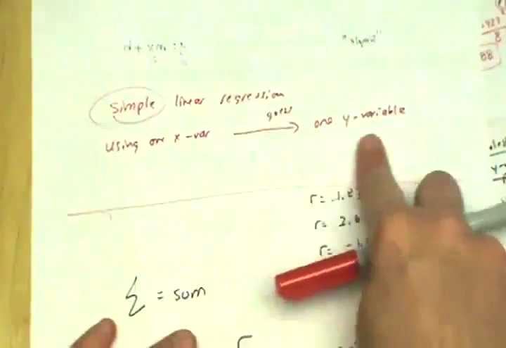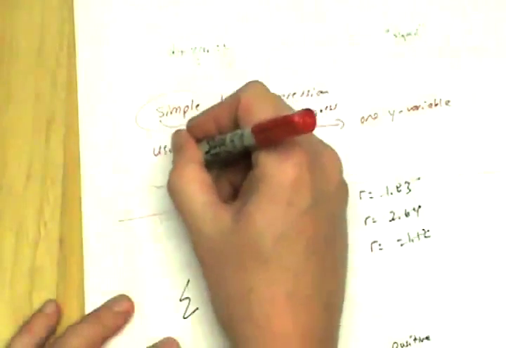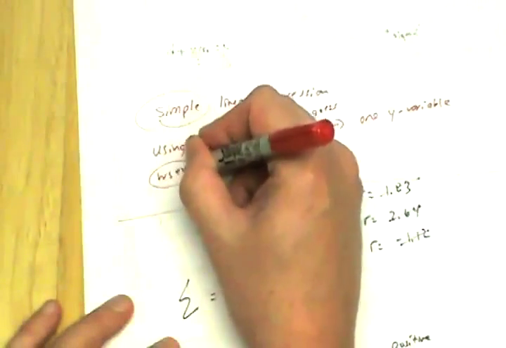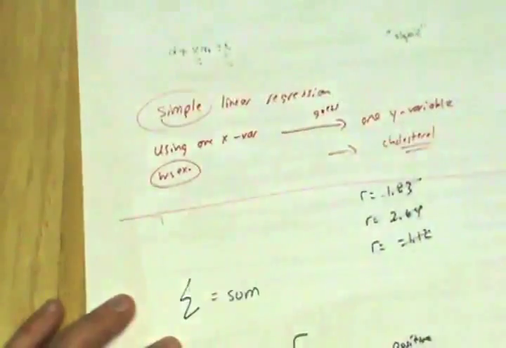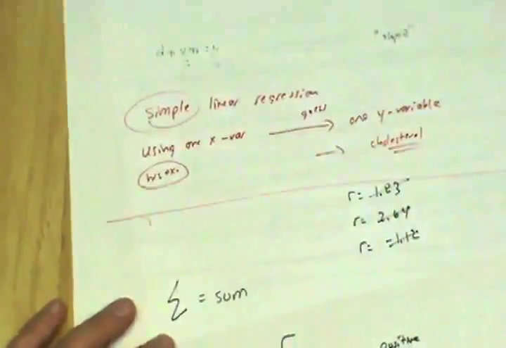So we're using 1x to guess 1y. So what we're doing right now is we're simply saying how many hours of exercise, and we're trying to figure out what somebody's cholesterol level is. So that's the ultimate goal, is to try and figure out what somebody's cholesterol level is and guess.